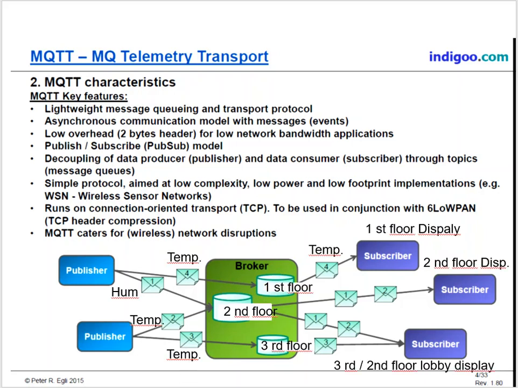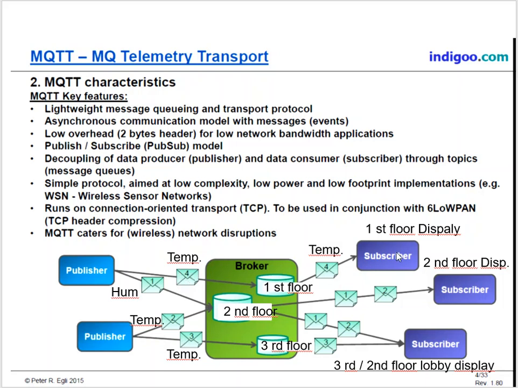One example could be a building hierarchy. Our topics could be first floor measurements, second floor measurements, and third floor measurements. There could be different kinds of measurements, temperature, humidity, whatever, and those measurements are related to a certain floor.